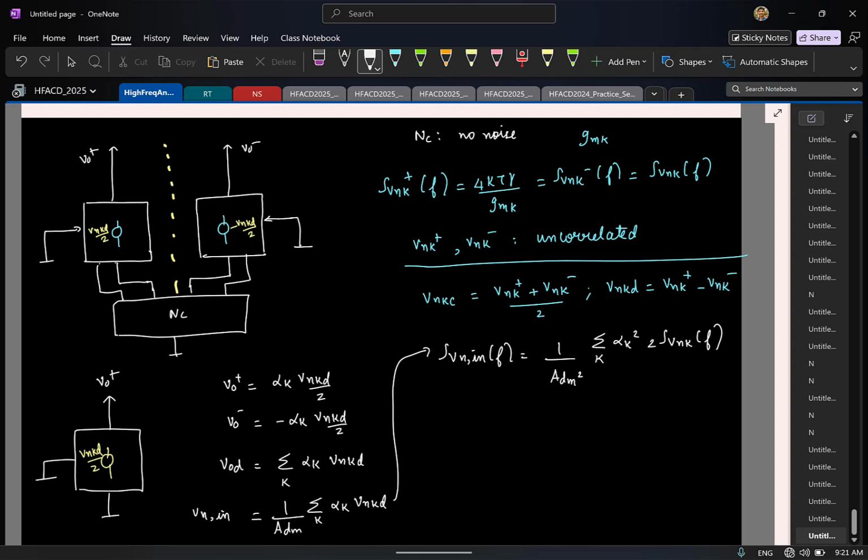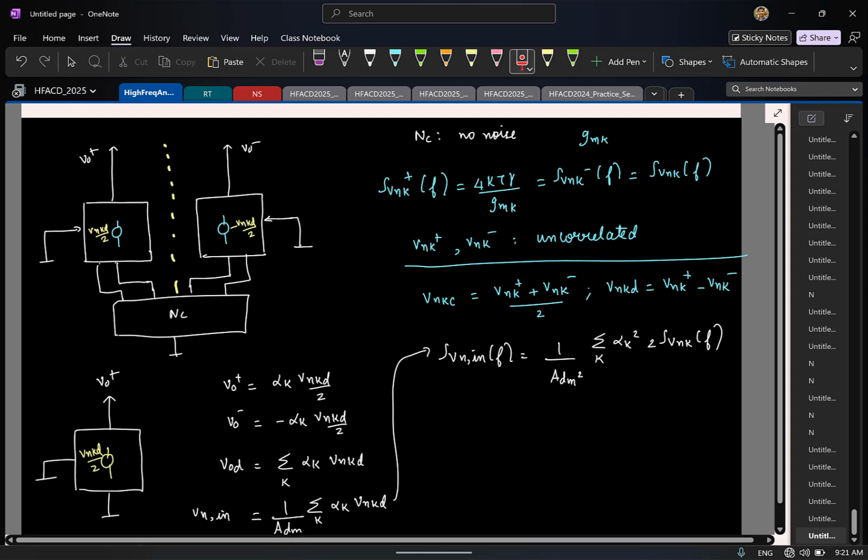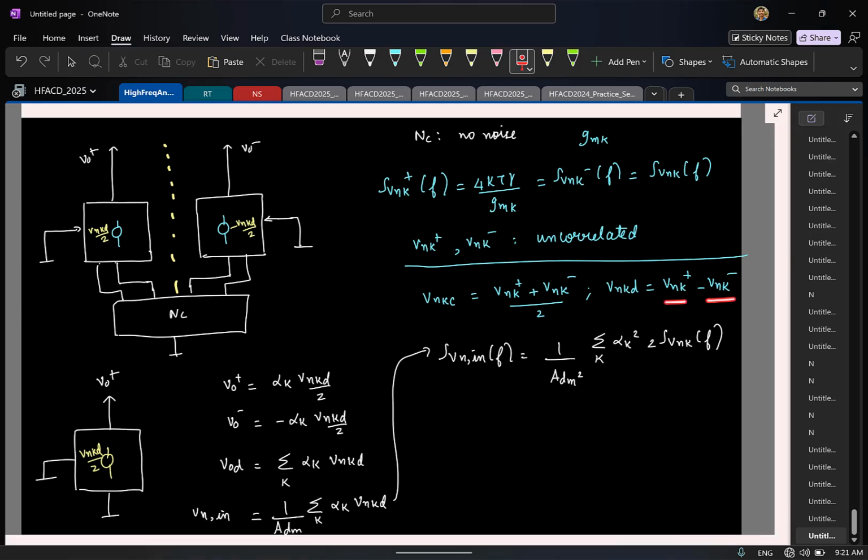Is it clear? Because remember, the noise voltages here, they are uncorrelated. So if I take a difference, or if I take the summation, because they are uncorrelated, you can add their powers and power spectral density directly. Okay. So this I can rewrite like this.